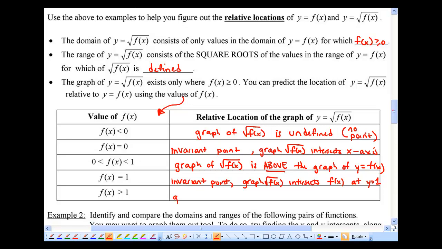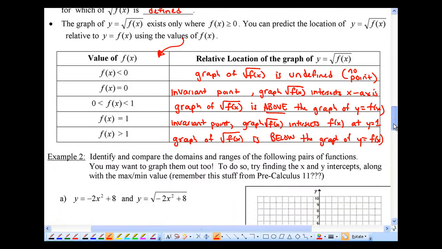So the graph of root f of x is now below the graph of y equals f of x. If you know these things and can keep them in your mind, you can graph out any square root function of any original function. And I'm going to ask you to try that right now with example number 2.